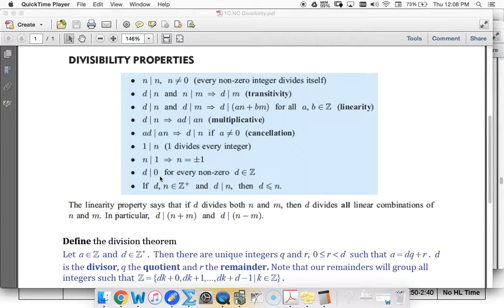D divides 0, so 0 can be divided by any number. And if D divides n, and we've got positive integers, then D is less than or equal to n. All right, so those are our rules. Common sense, really, for the most part.